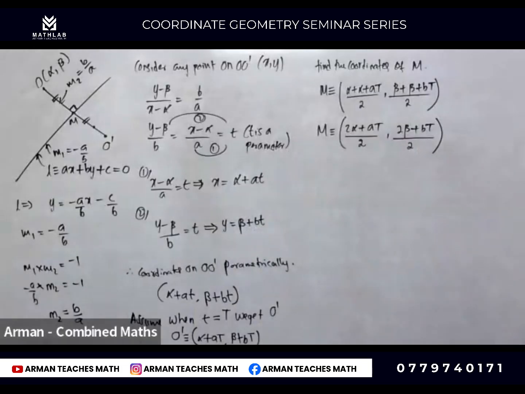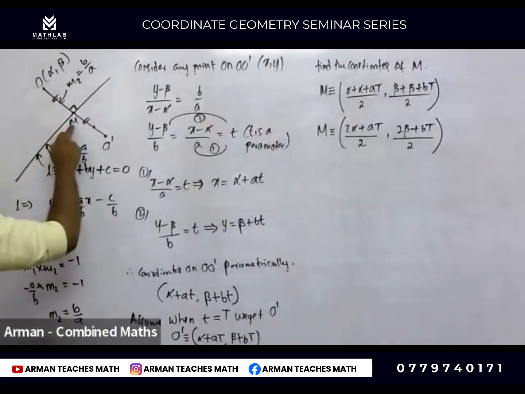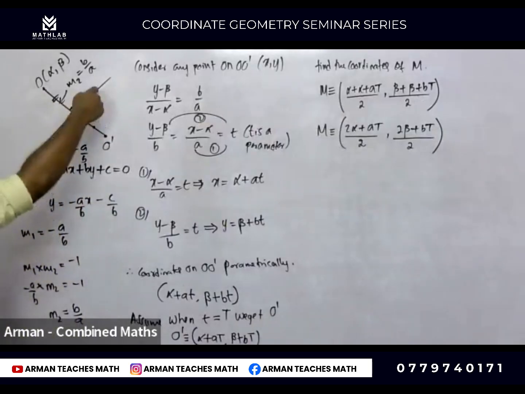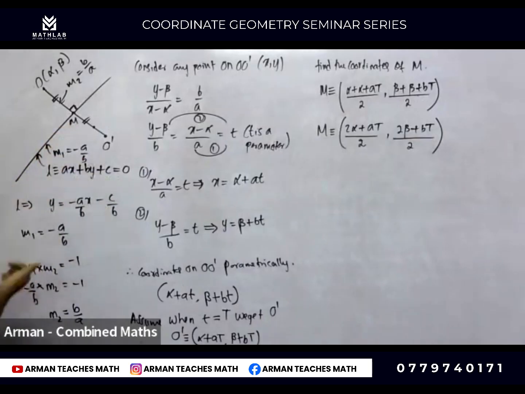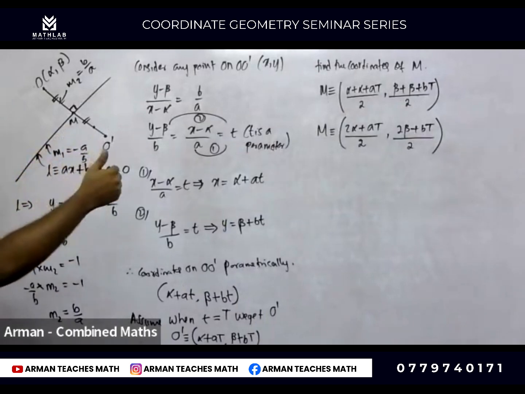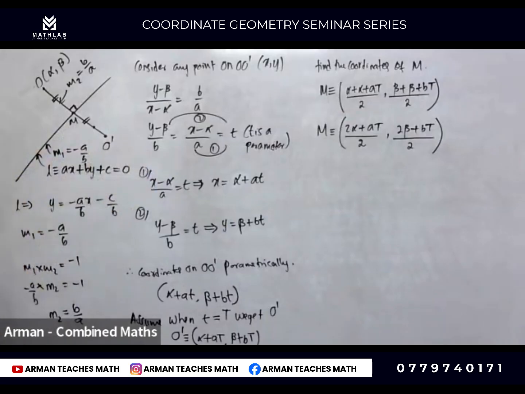The capital M point is not just on OO dash, no. Capital M point is also on L. So the coordinates of capital M must satisfy the L equation, because coordinates of a point on a straight line must satisfy the equation of the straight line.